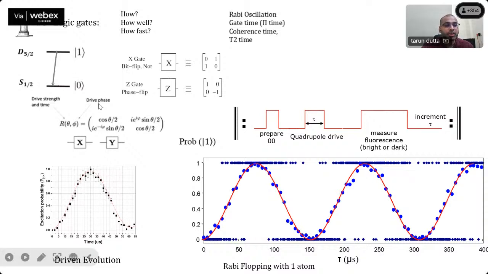So that is how you can prepare your gates. And here you can see this R(theta, phi) which I have written over here. This is the rotation matrix, where theta determines the drive strength and time, and phi the phase of the laser. It is a rotation matrix because in a quantum computer we can only apply unitary gates in the form of rotational gates, because you saw the Bloch sphere, right?